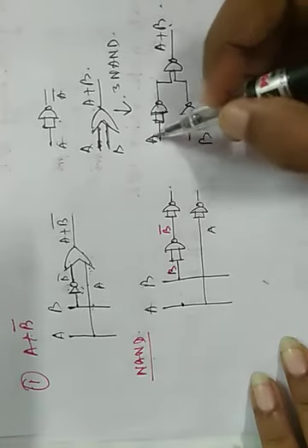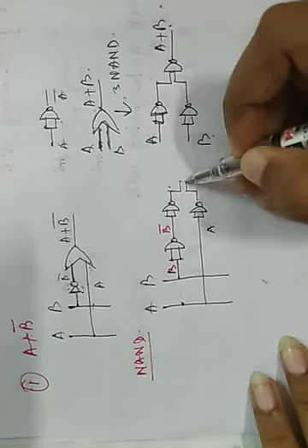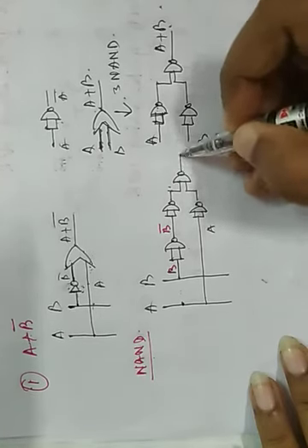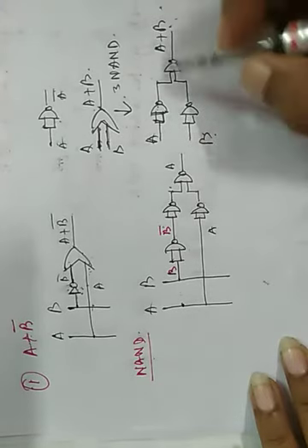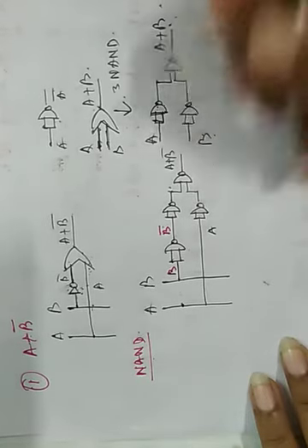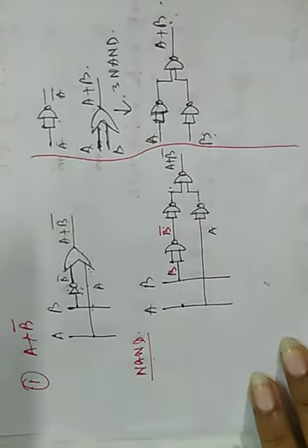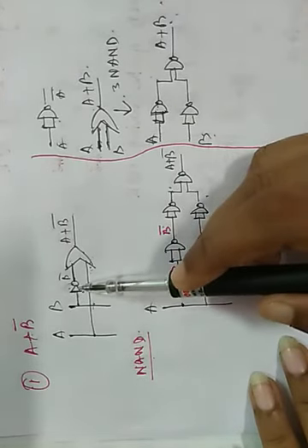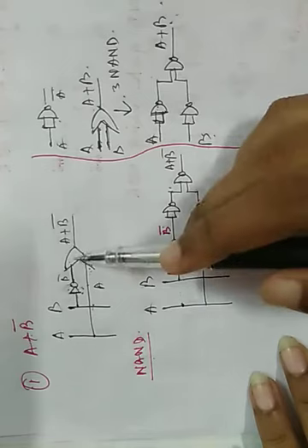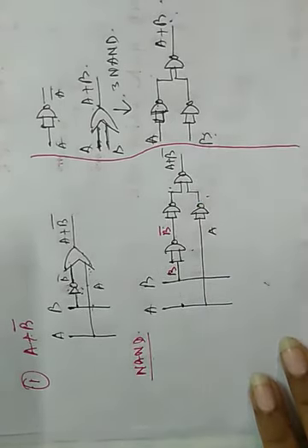A, here A B, here A B bar, and these two must pass through another NAND gate. This will be A plus B, here it is A plus B bar. Clear? So we know for one NOT gate, one NAND gate, for one OR gate, 3 NAND gates. So total 4 gates are there. Clear?